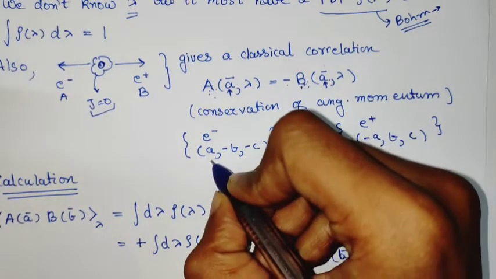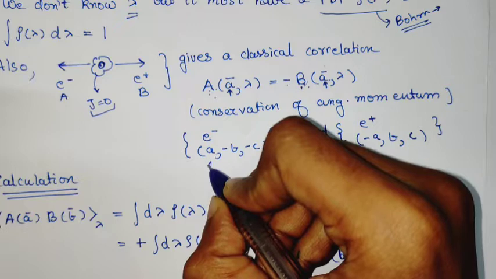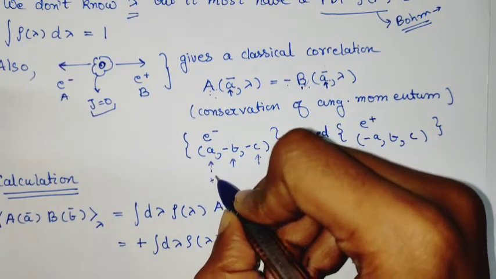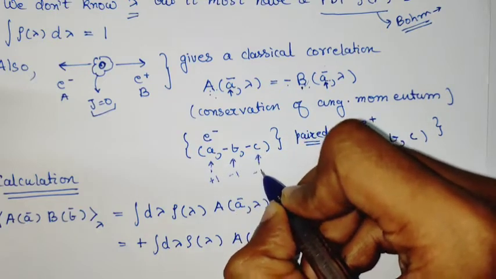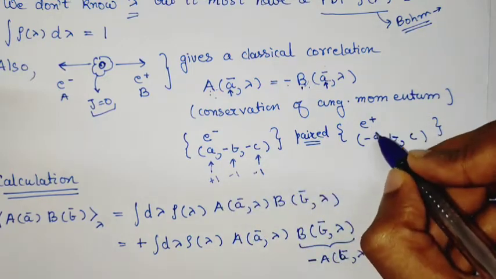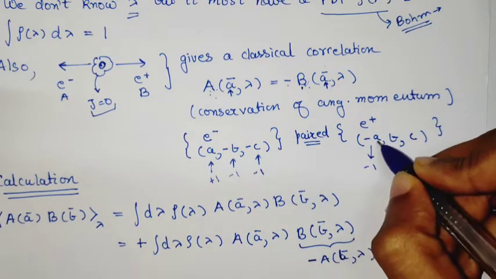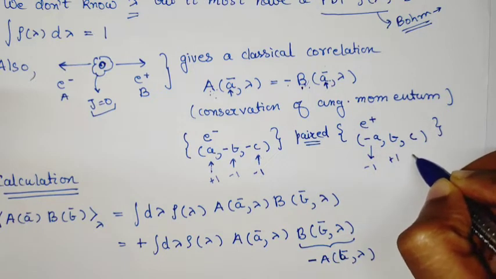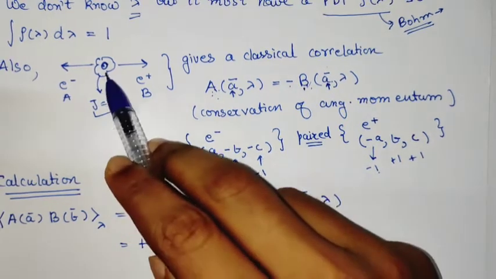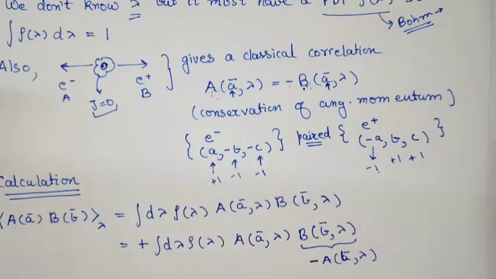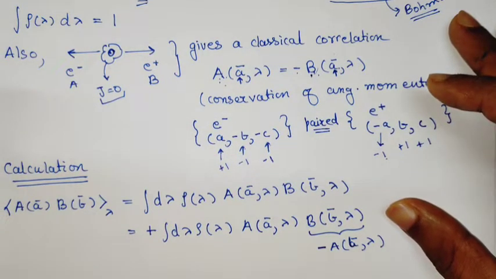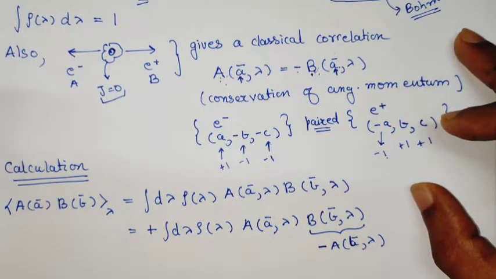What this means is that suppose Alice performs measurement about three axes, axis A, axis B, axis C, and she gets a value +1 about A, -1 about B, and -1 about C. Conservation of angular momentum says that Bob should get value -1 about A, +1 about B, and +1 about C, so that the sum of the values is always 0, because initially it was 0 to begin with. So this is a classical correlation, and we will try to use this notion.